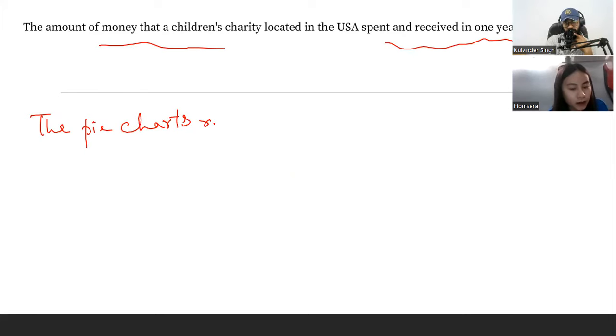Let's use the word illustrate, which is basically a synonym for show. Now what can be done? How can we paraphrase the amount of money?